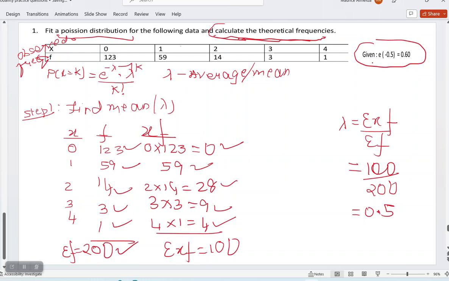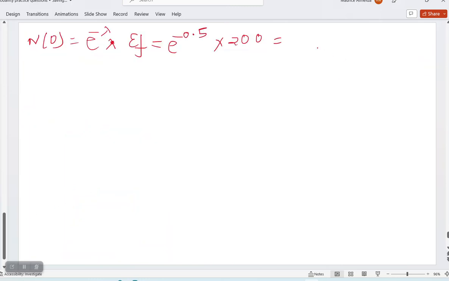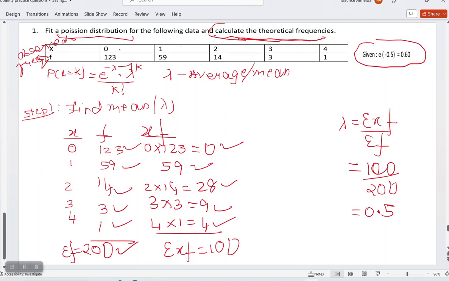So it is 0.60 into 200, and if you multiply, you'll get 120. So if you observe, your theoretical frequency 120 corresponding to x equal to 0 is very close to the observed frequency, which is 123. This should always happen.